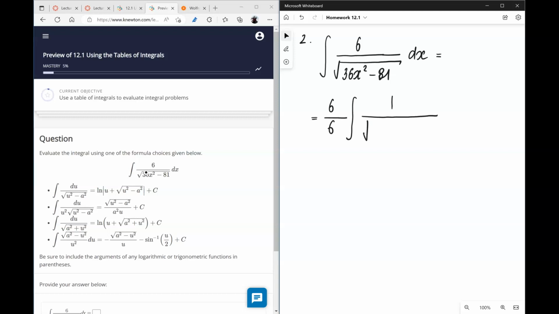To take 6 from the denominator means we have to factor out the 36. And here we're going to have 81 over 36, which is 9 over 6 squared.